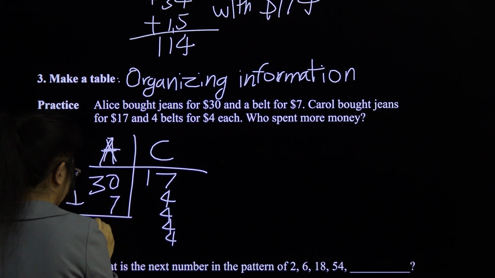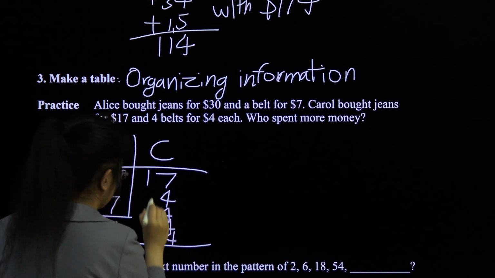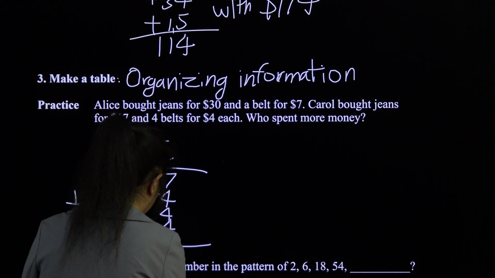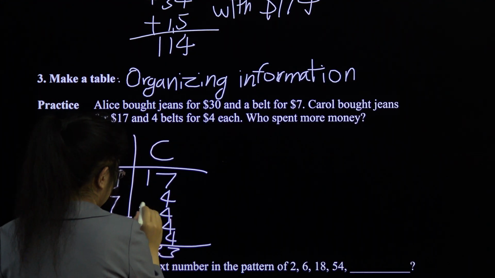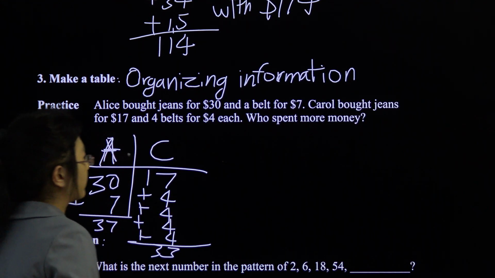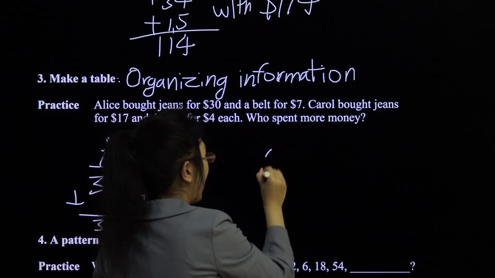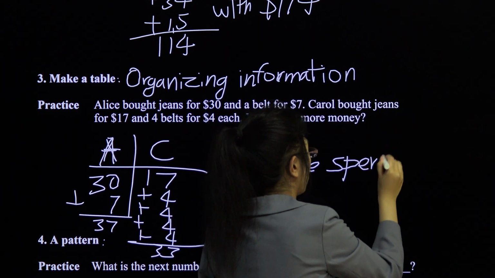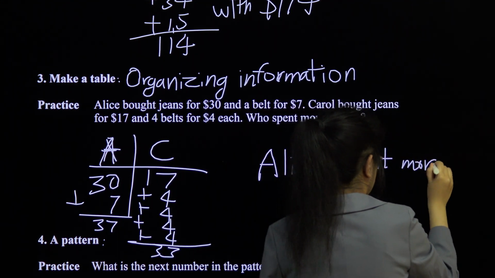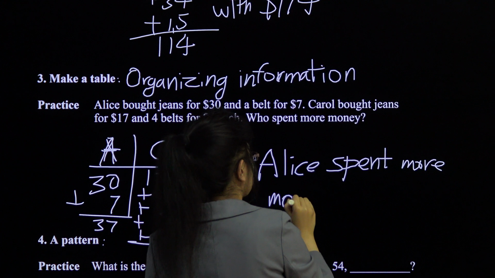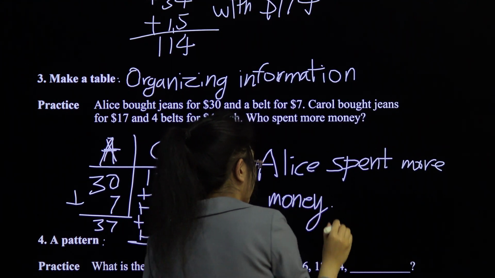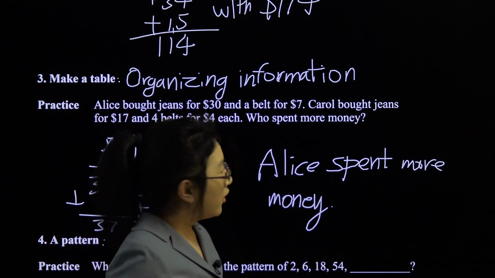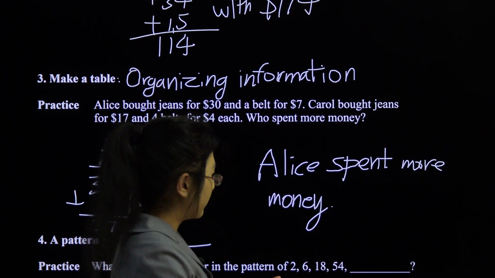We add them up, 37, and then this would be 33. And last time I checked, 37 was bigger than 33, so Alice spent more money. Because this question doesn't actually have a truckload of information, you don't really need that much of a table.